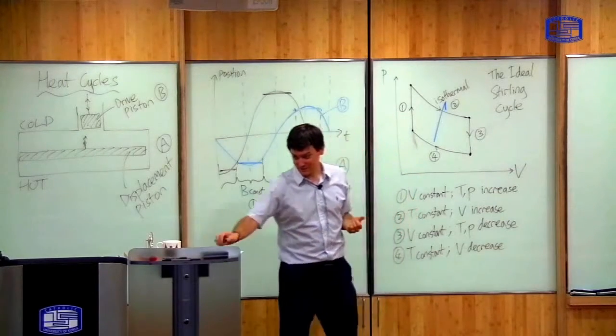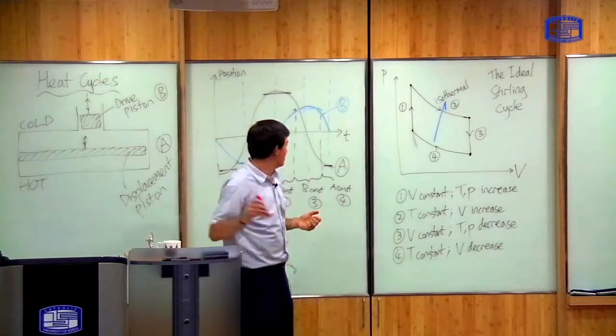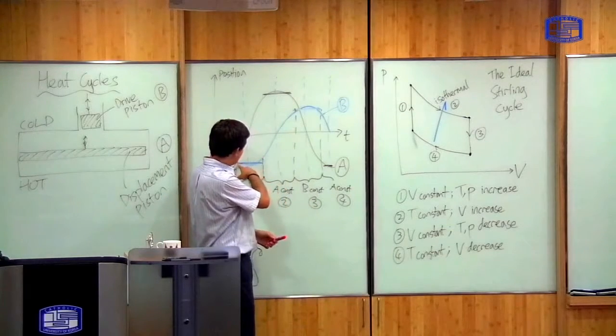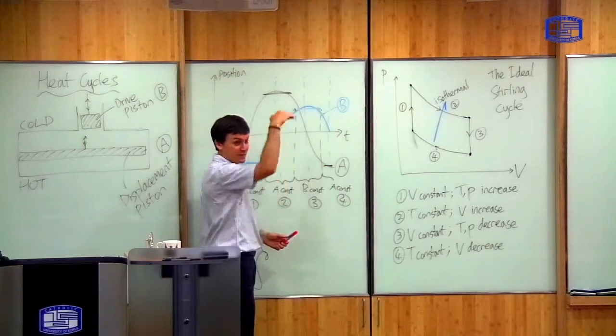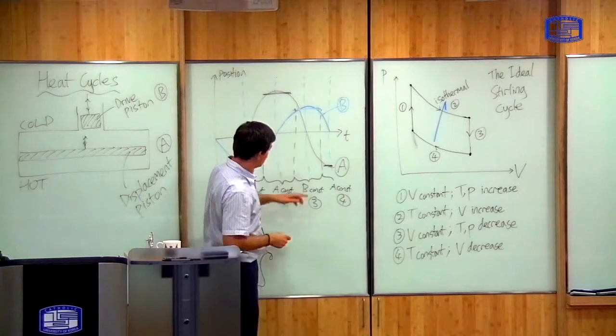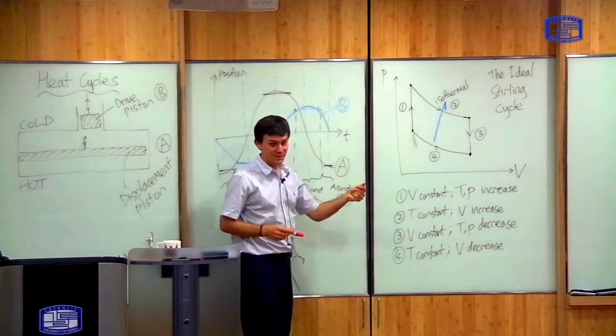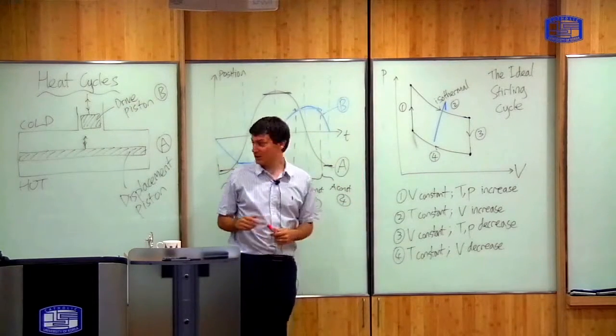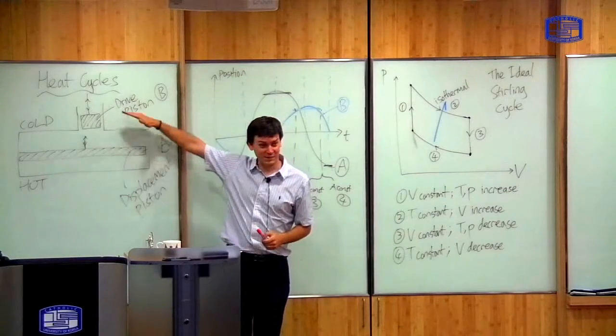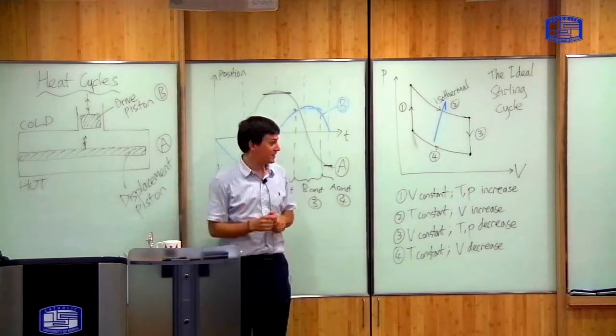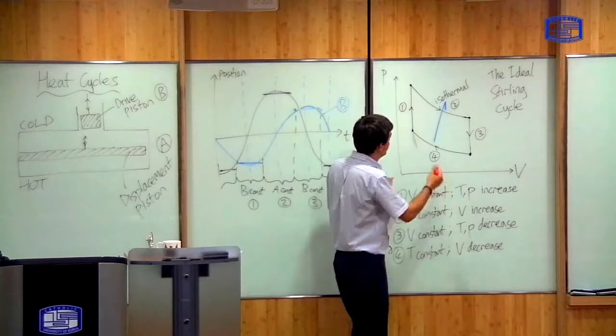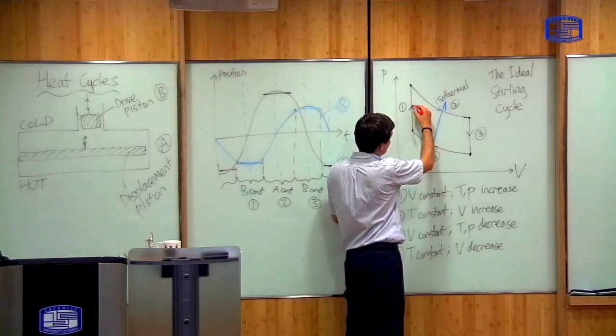Now, in fact, I've made some assumptions here. The position of the cylinder is not really constant here and here. It moves a little bit. Also, the gas does not immediately reach the same temperature as the top or the cold. It takes some time for heat to transfer. So if you draw the real cycle of a real Stirling engine, it will in fact be somewhere in between this, right?